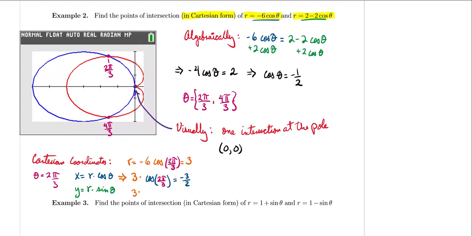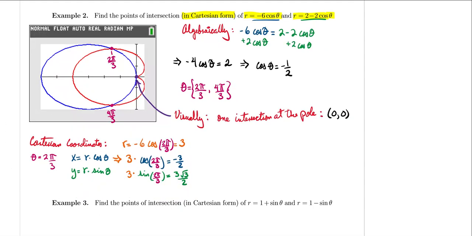So we're still going to have 3 times the sine of 2π/3. Again, if you take a look at the unit circle, or put it in the calculator, it should be √3/2. So 3 times √3/2 is just 3√3/2. Okay, now let me make this a little bit smaller because I think I made my image too big. There we go. So now we figured out the Cartesian coordinates when the angle is 2π/3: they are (-3/2, 3√3/2).